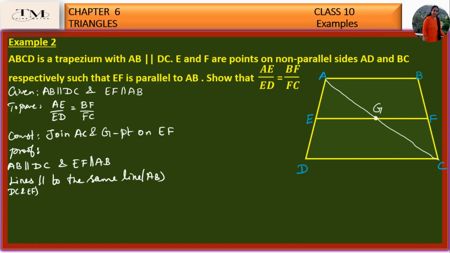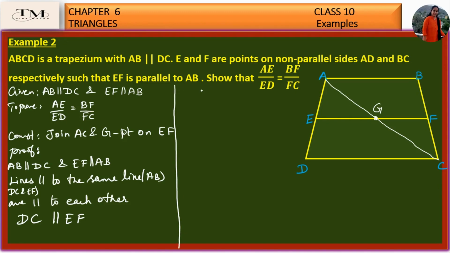Lines parallel to the same line are parallel to each other. Which two lines are parallel to AB? DC and EF. So DC is parallel to EF. Okay, understood?